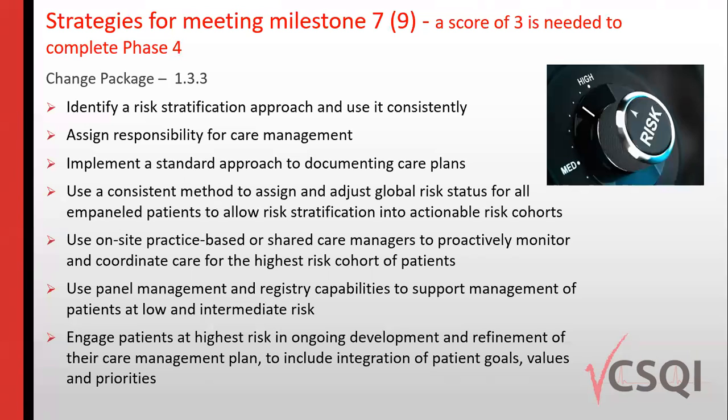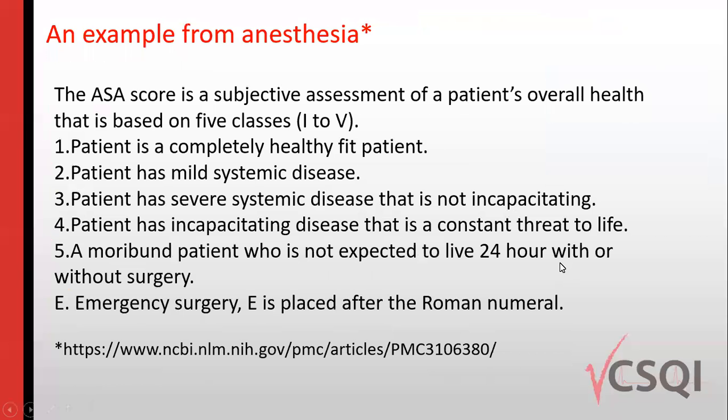So what are some examples here of risk management tools? Dr. Ibarra is on the call, and yesterday he and I spoke about how their surgeons use the ASA score as a subjective assessment of a patient's overall health that's based on 5 classes.